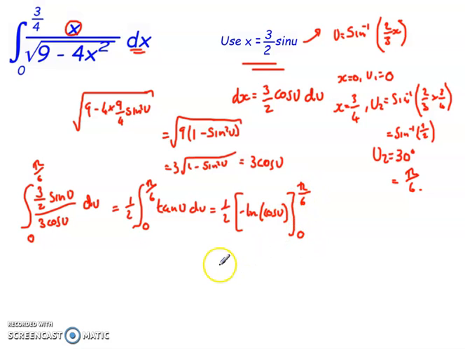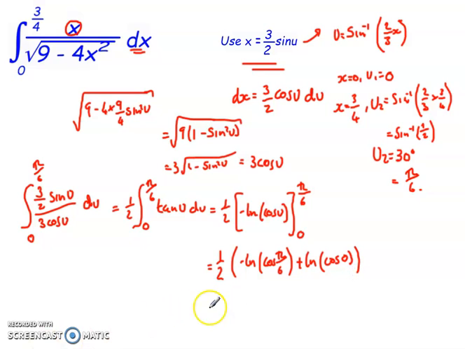Substitute in the values, and I can then calculate my answer. So I get 1/2 bracket negative ln of cos of pi over 6, take away negative, so it's going to become a plus, plus ln of cos of 0.